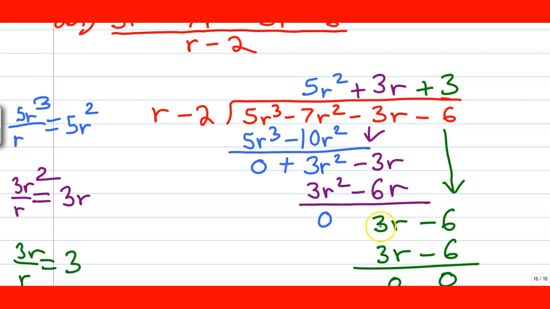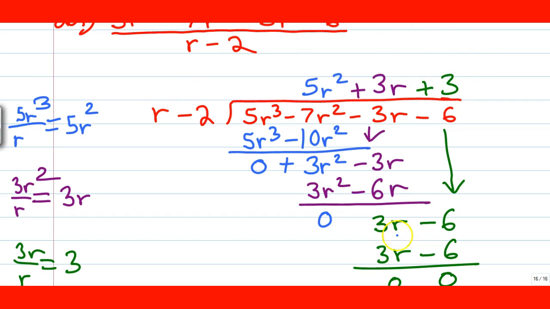So I take the first position again out here, bring it over here, put it to the outside, so I've got the 3r divided by the first position on the outside here, r. So a 3r divided by an r creates a 3. It's a positive 3, so I come up here and put a plus 3, and I distribute it through.